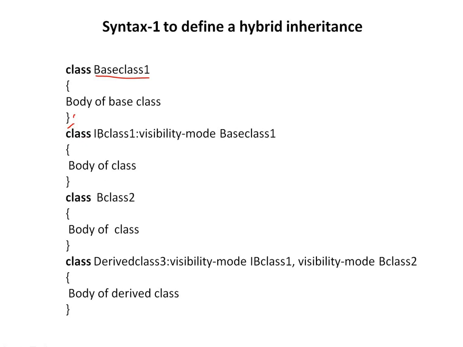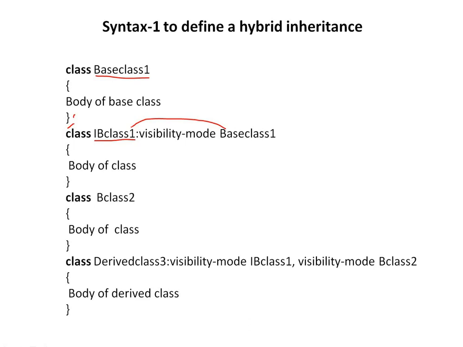The keyword class is followed by IB class 1. IB class 1 represents the intermediate base class. The intermediate base class is followed by the colon operator. The colon operator is followed by visibility mode. Here, this is base class 1, the name of the base class 1. Here, IB class 1 inherits the properties of the base class 1.